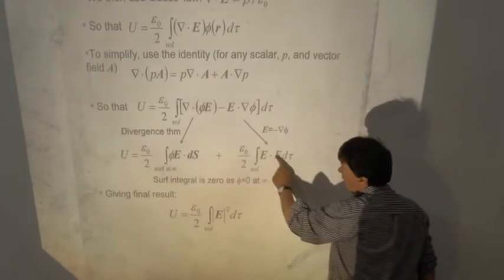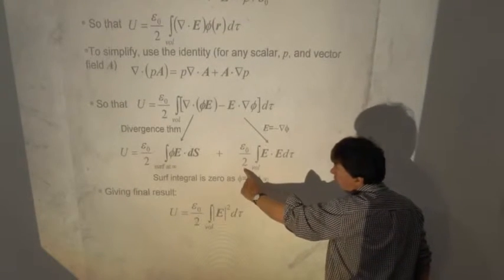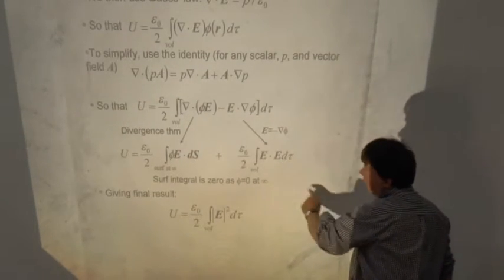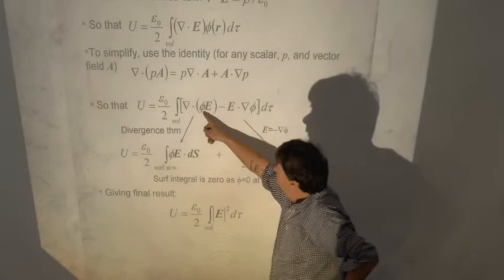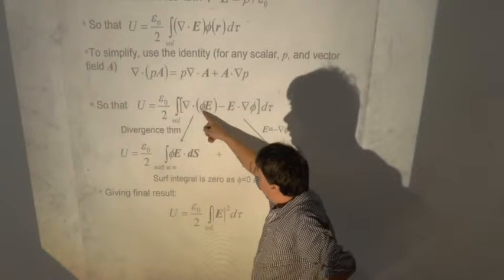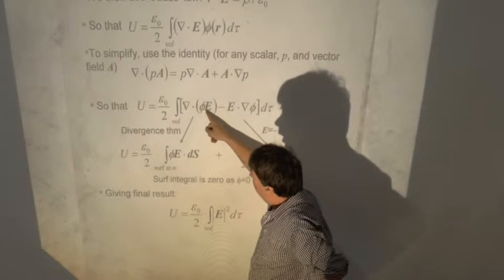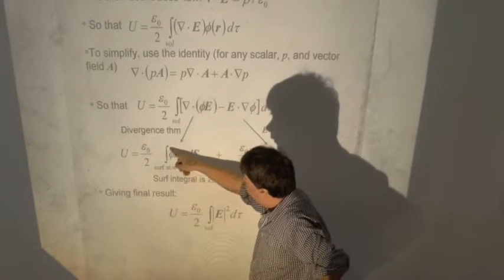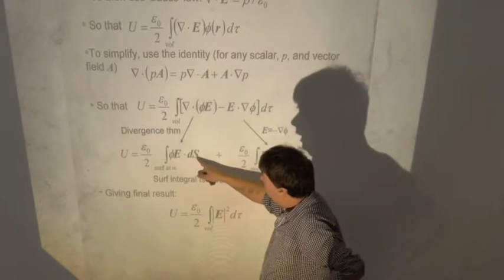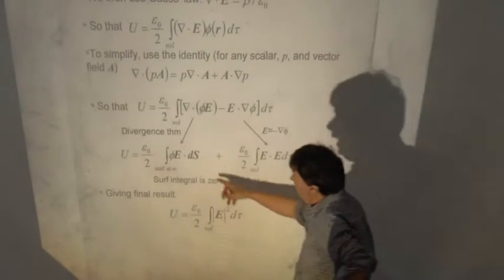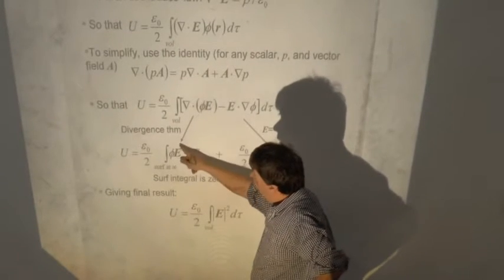So this term here gives us the epsilon naught over 2 times the volume integral of E dot E. This is converted by the divergence theorem. So this is a volume integral of a divergence. We can convert it to a surface integral of this field. Again, the previous lecturer used S for surface, and I've used A. But this is the same idea.